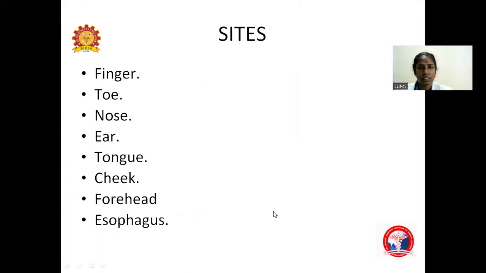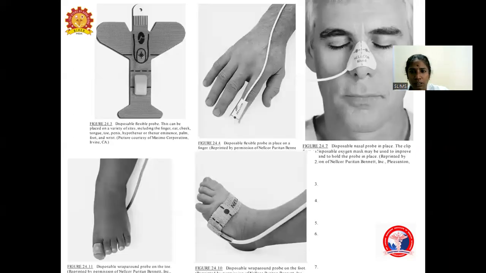So, what are all the sites where we can use the pulse oximeter? Okay, you tell. What are all the sites you know? Yes, you have seen the finger. Finger, toes, nose. Any other site?